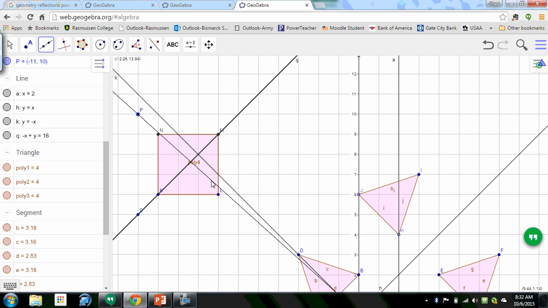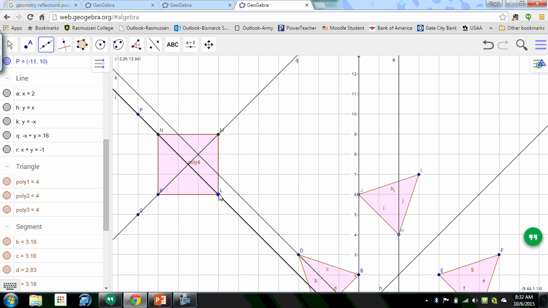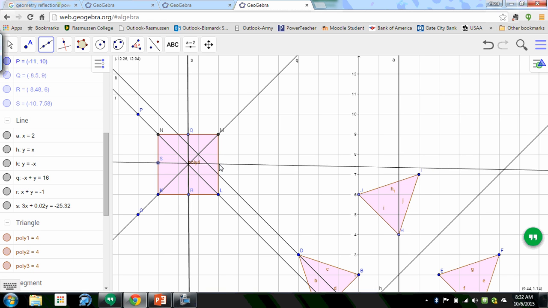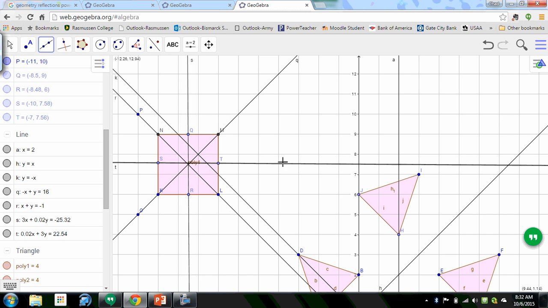I can slice it this way, and I've just created two identical pieces. I can actually slice through it this way also and create two identical pieces. I can even slice it this way and create two identical pieces. So to me, it looks like there would be 1, 2, 3, 4 lines of symmetry for this shape.